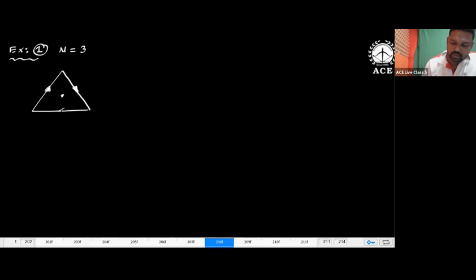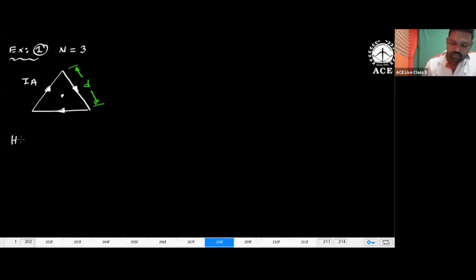Example number 1, beta. If I take n equal to 3, what is it? It is an equilateral triangle, yes or no? Here, current flow is I amperes. It has a side D. I want to find the magnetic field at the center.